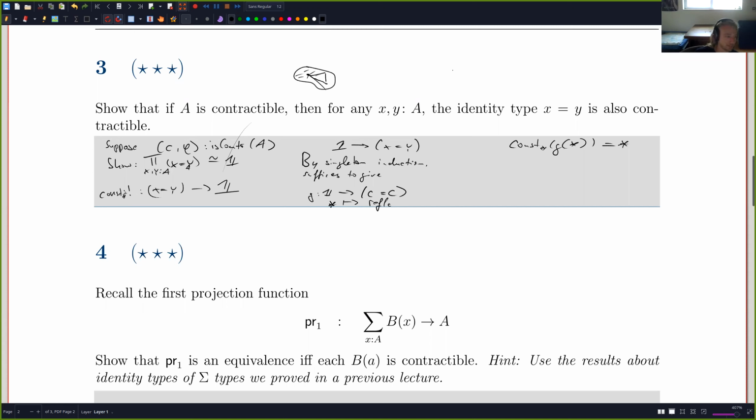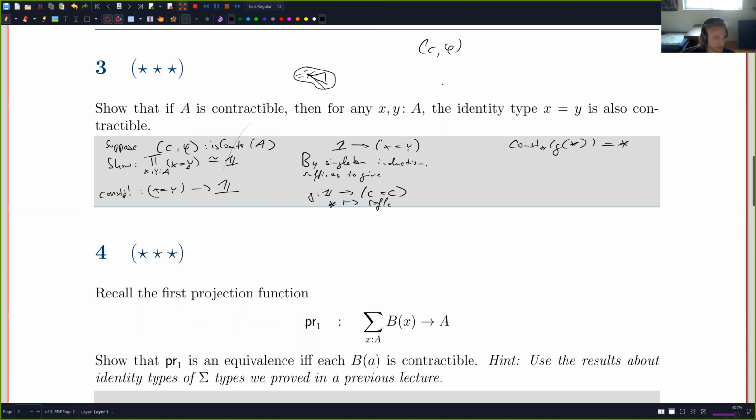Of course, then you have to adapt your contraction again. But yeah, if you have C and phi, it has to be connected. Yeah, why contractible types are always connected. They have the simplest homotopical structure that you can imagine, and you can think of them as having only one point.